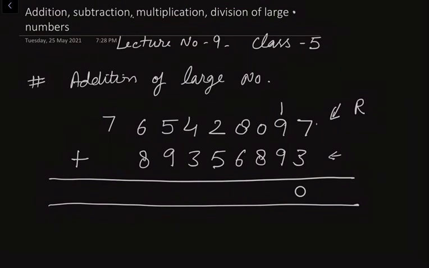9 plus 9 is 18, 18 and 1 is 19. We will write 9 here and 1 here. 8 and 1 is 9. 8 and 6 is 14. 4, we will write 1 here. 2 plus 1 is 3, or 5 plus 8... 8. 4 plus 3 is 7. 5 and 9 is 14. 4 here and 1 here. 6 plus 1 is 7, or 8 is 15.